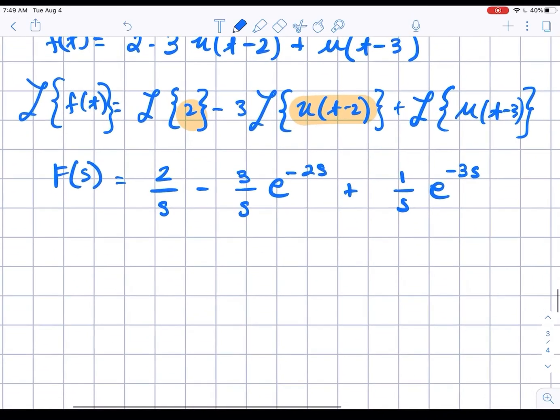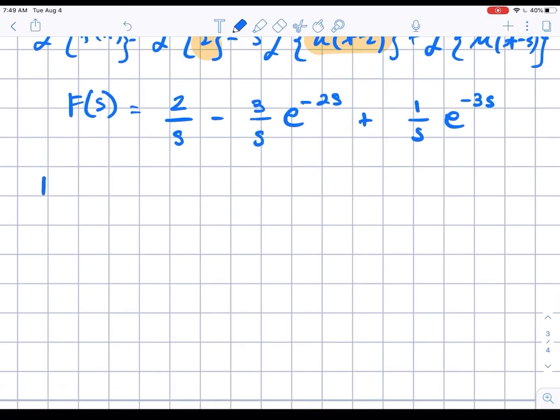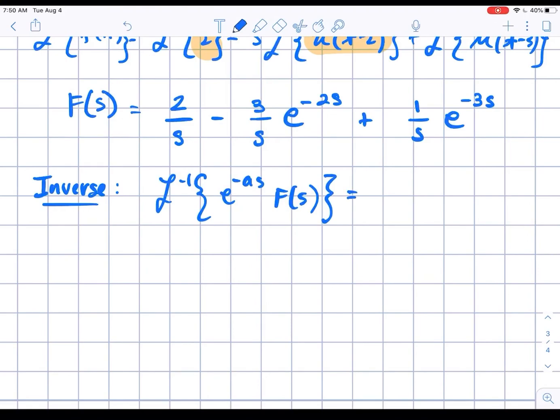So now if you're doing an inverse, an inverse would be a little bit tougher in the sense that if you have some e to the negative as, and then you have a function capital F of s, you can then do the transformation where you have f of t minus a, and then u of t minus a, that unit step t minus a.